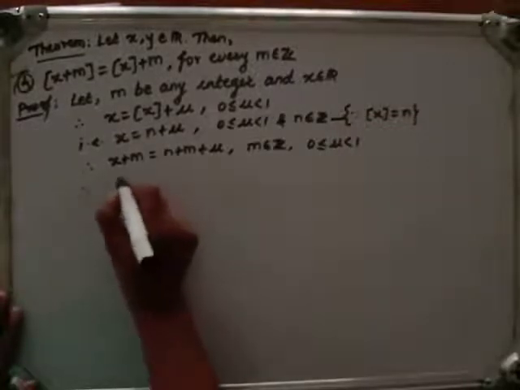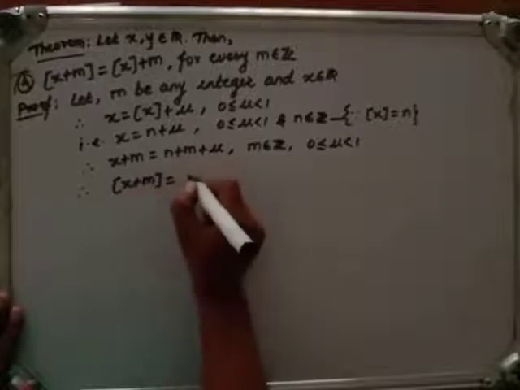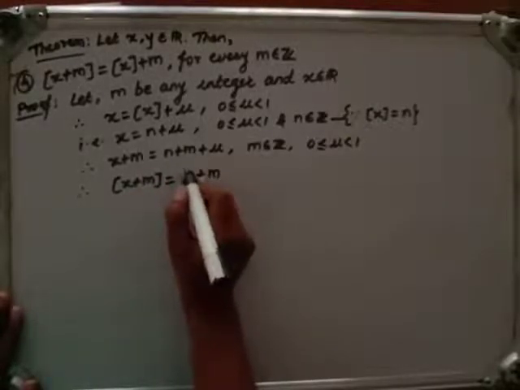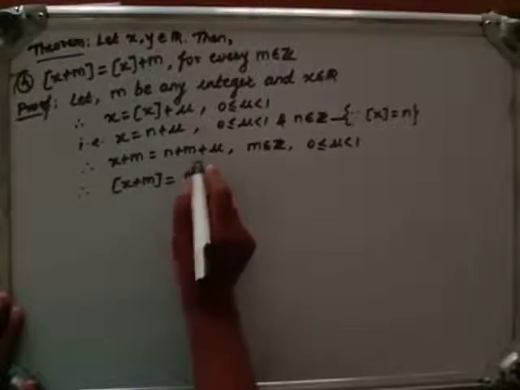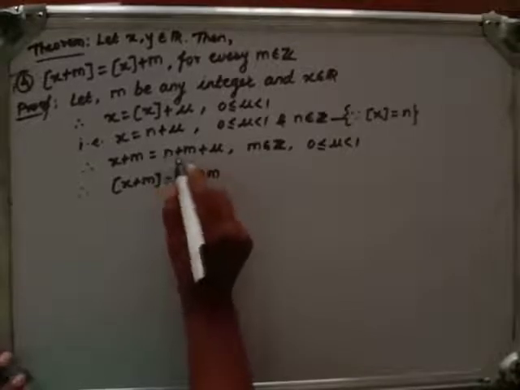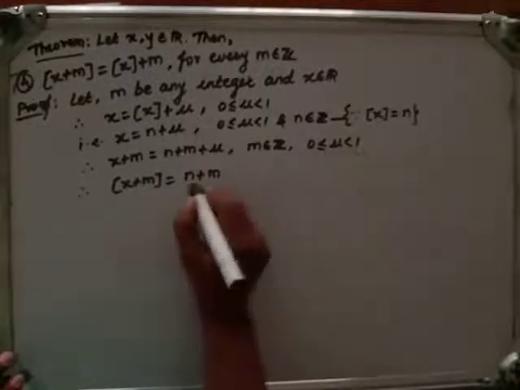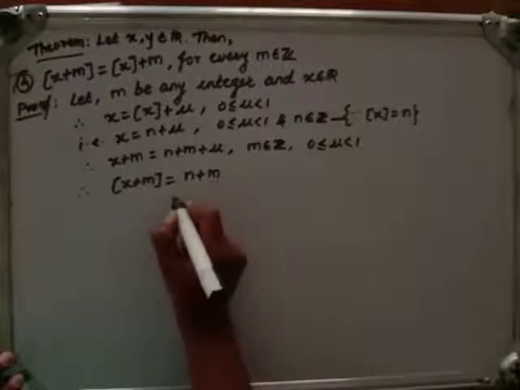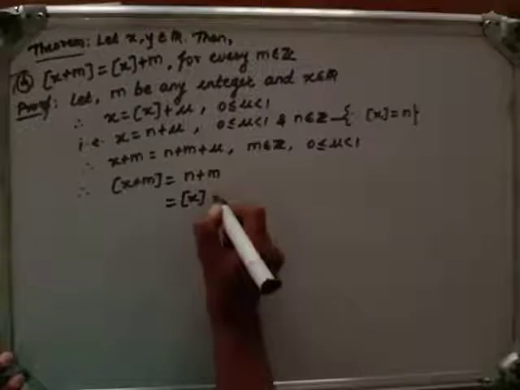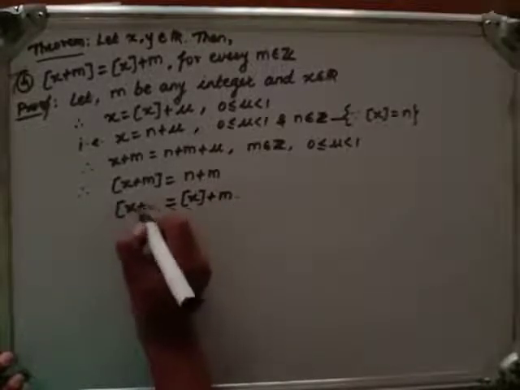Now if I take the greatest integer function of x plus m, I get n plus m, because the fractional part lies between 0 and 1, so it is simply this part. Now this n is nothing but the greatest integer function of x, so it is the greatest integer function of x plus m. So this can be written as such.